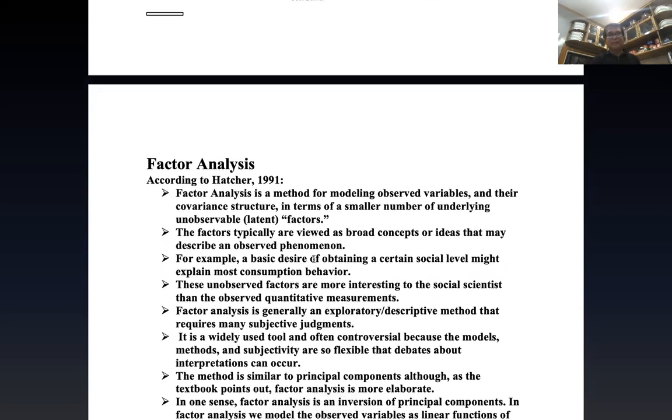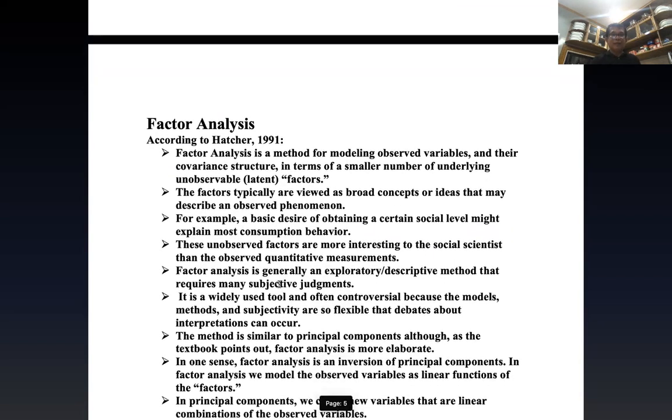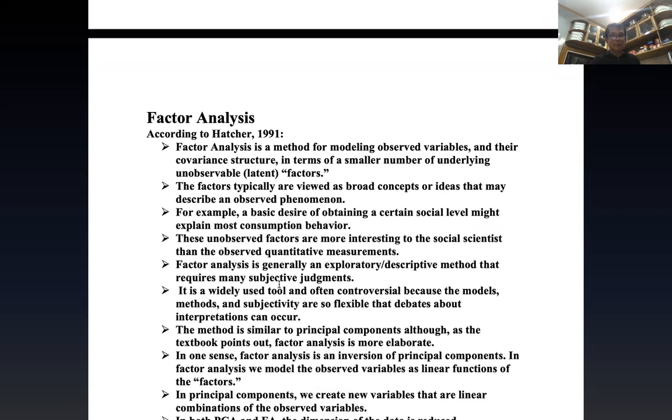The factors typically are viewed as broad concepts or ideas that may describe an unobserved phenomenon. For example, a basic desire of obtaining a certain social level might explain most consumption behavior. These unobserved factors are more interesting to the social scientists than the observed quantitative measurements.